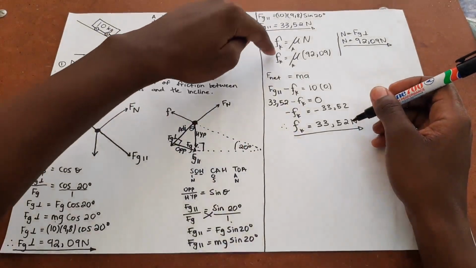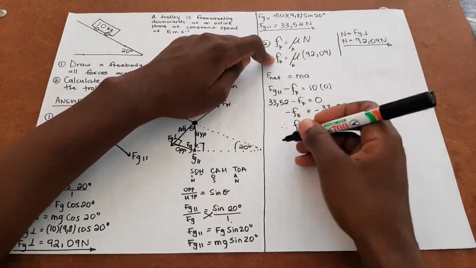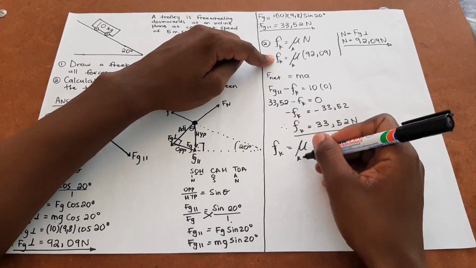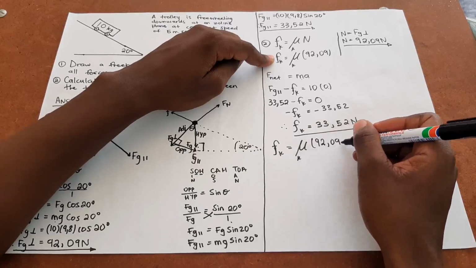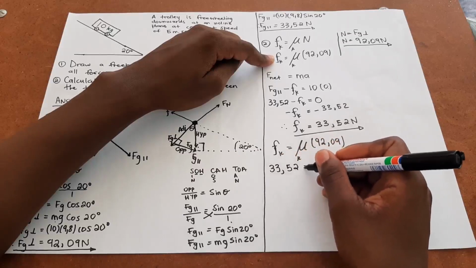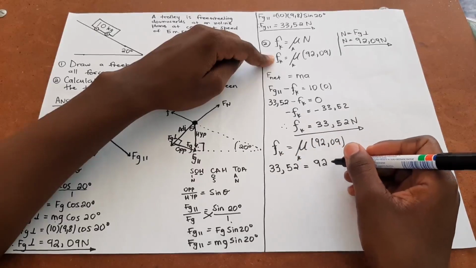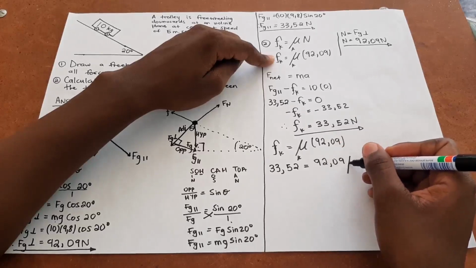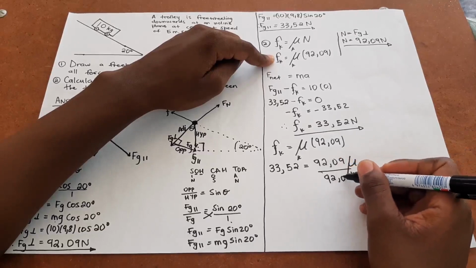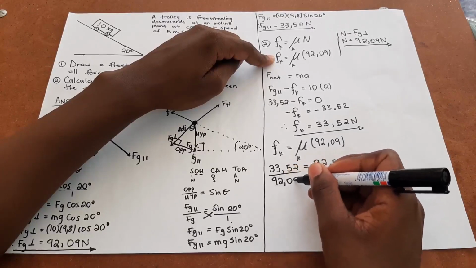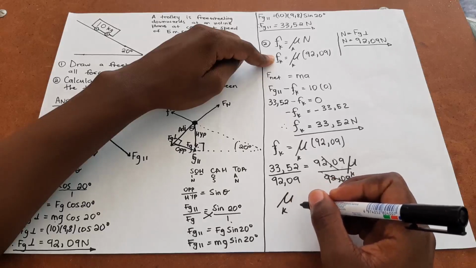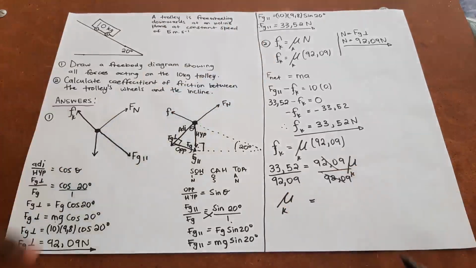Now you are going to substitute here. F_k is equal to mu_k multiplied by 92.09, so 33.52 is equal to 92.09 mu_k. Dividing both sides by 92.09, this cancels this, and we're left with mu_k, our coefficient of kinetic friction, equal to 33.52 divided by 92.09.